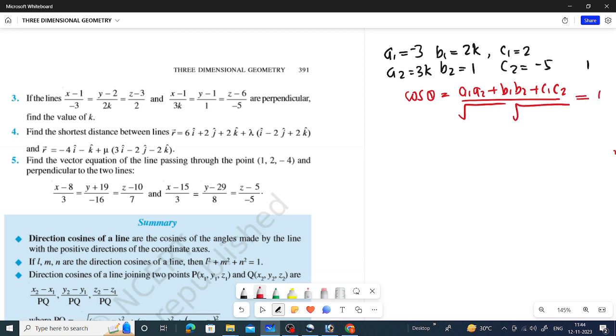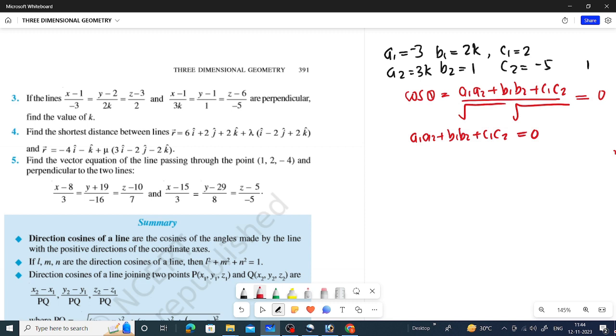This is equal to 0. So if two lines are perpendicular, we have already a condition: a1 a2 plus b1 b2 plus c1 c2 equal to 0. This condition has been derived from the formula cos theta.